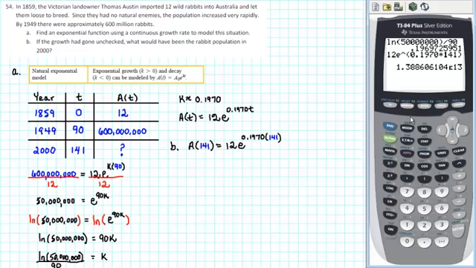We find that the rabbit population would have been approximately 1.389 times 10^13. Writing this in standard notation, we get approximately 13 trillion 890 billion rabbits.